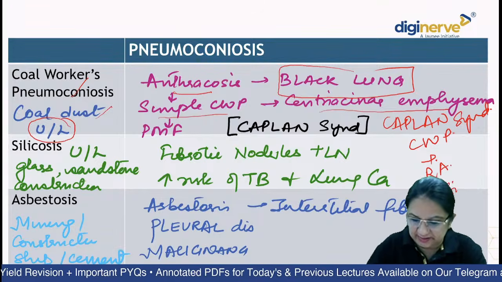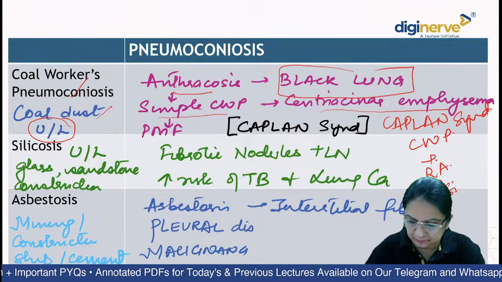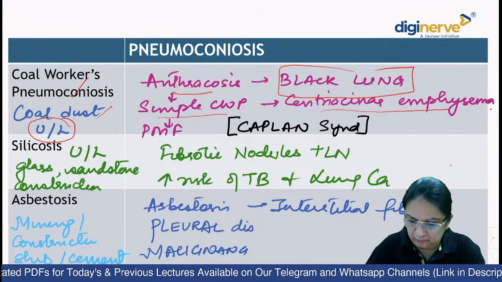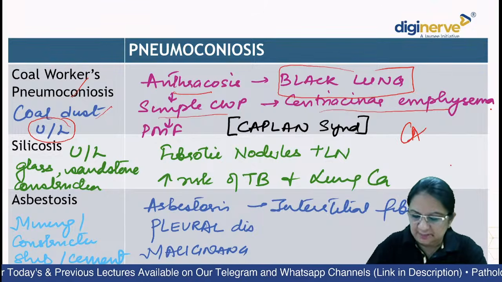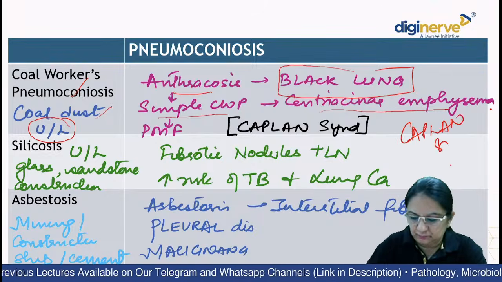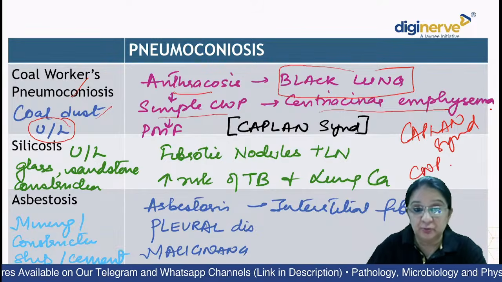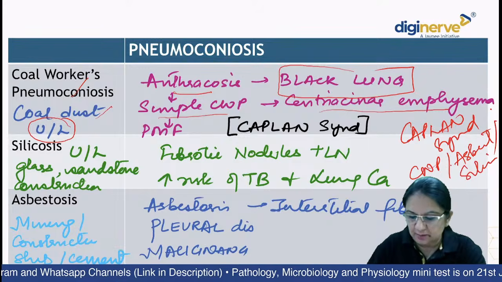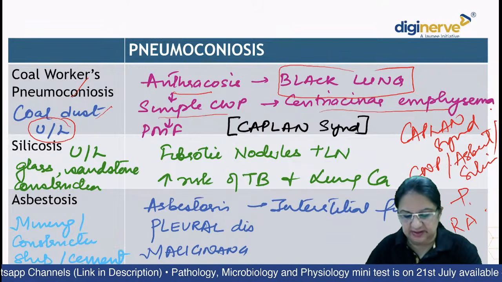I'll just write it again. Caplan syndrome is either coal worker pneumoconiosis or asbestosis or silicosis, plus you get rheumatoid arthritis also.